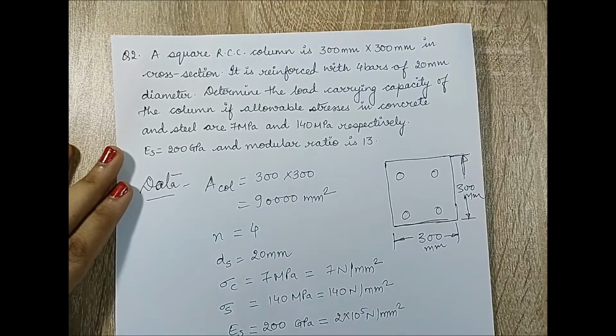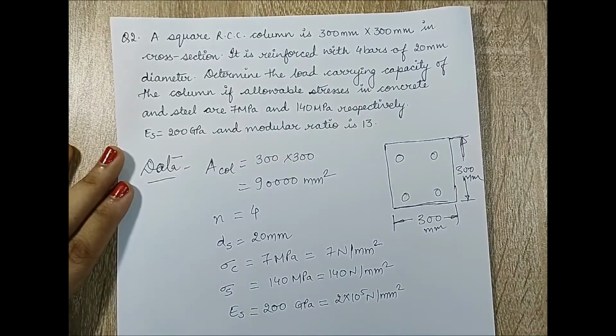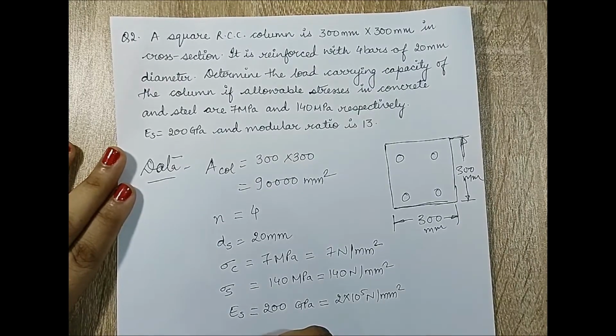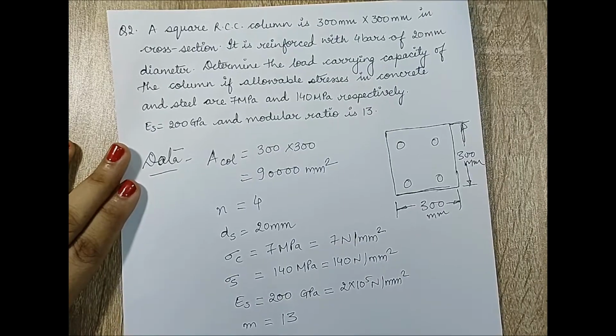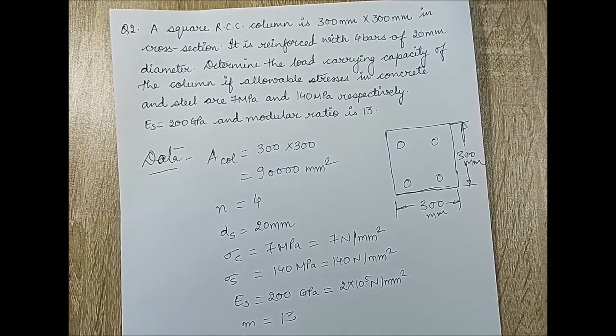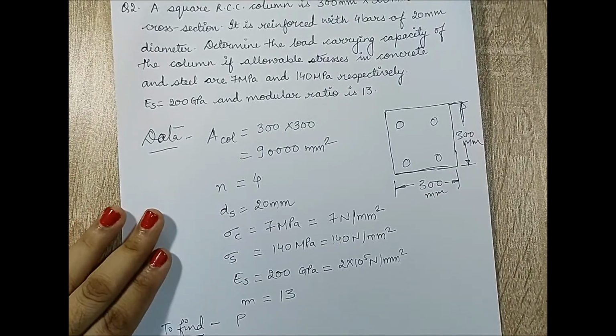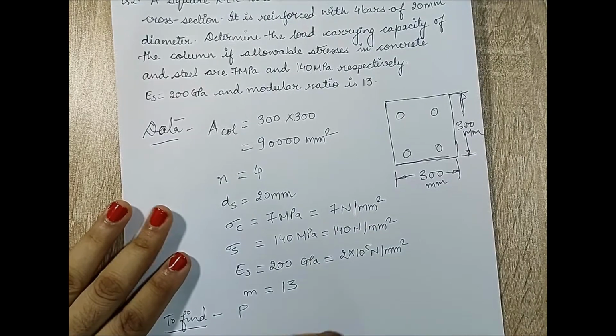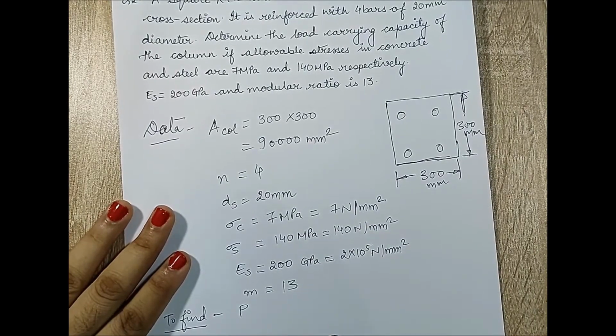I am not showing the conversion because I have shown it many times in my lectures previously. And modular ratio, this is interesting, is given as 13. I have to find the value of total load exerted on this column P. So I'll start solving on the similar lines. I know the area of column. I want to find the area of steel.